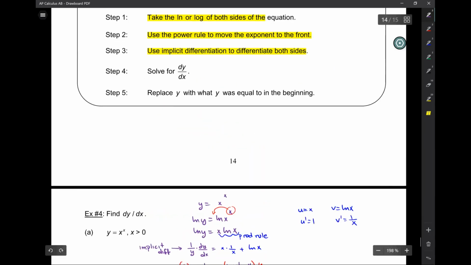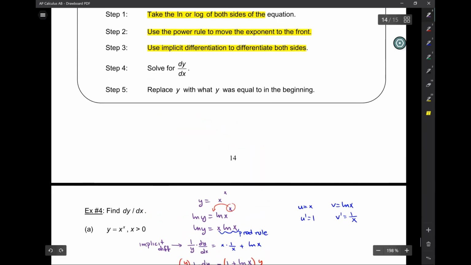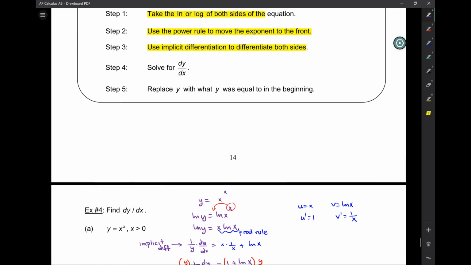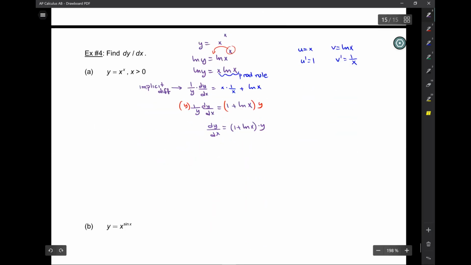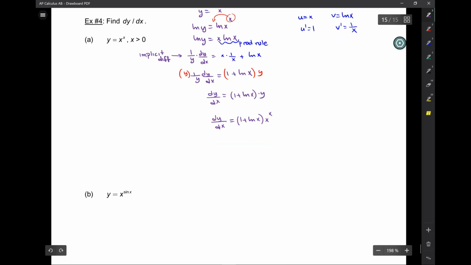So that takes me to step 5, by which time I had lost you when I was doing the steps, but now you know, it's relevant now. Replace y with what y was equal to in the beginning. Right. So dy/dx is equal to 1 plus ln of x times x to the x. Right, and then to write it in cleaner form, we're going to say x to the x times 1 plus ln of x.